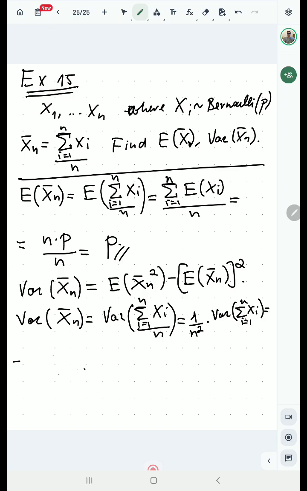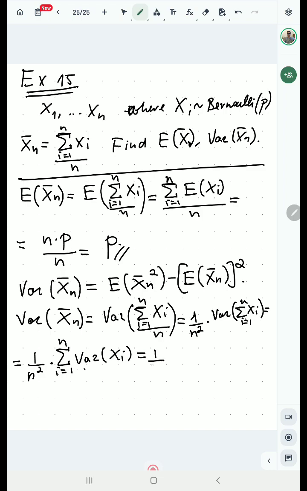That is equal to 1 over n squared times, here we can apply the variance onto each element separately, i goes from 1 to n, and I know that the variance of x's is the same. It's not changing, and all of them are equal to p times 1 minus p by definition, right?